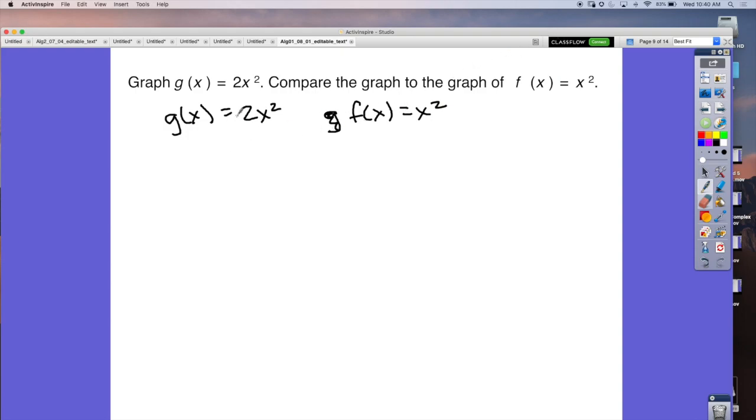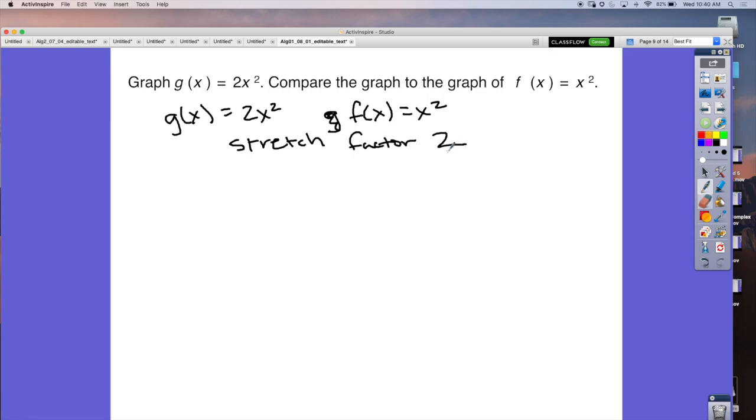So, what changed from the parent function to this one? There's a 2 in front of it. The A is 2. So, is it a shrink or a stretch? It is a stretch. So, what you put on your quiz and your test is you write it is a stretch by a factor of 2.